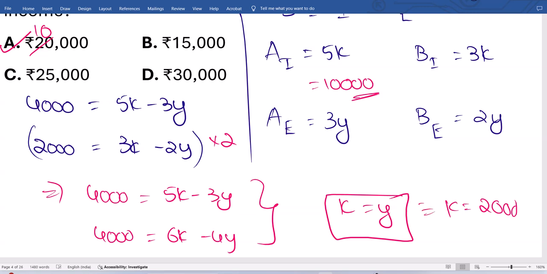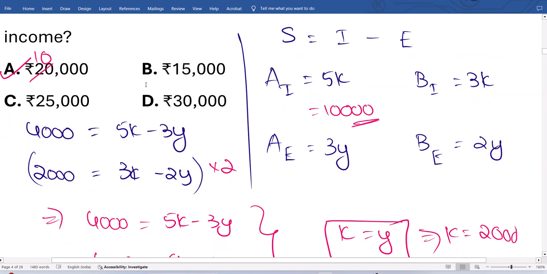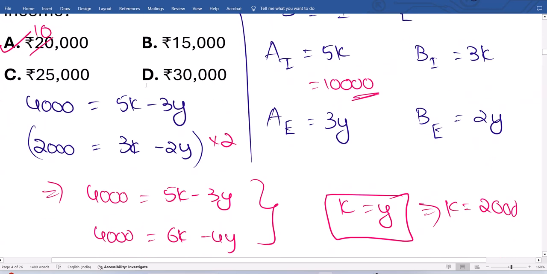So the K value you got is 2000. Savings is income minus expenses. Solve the last two equations in your own way, I'm not objecting. There are two unknowns and I need to calculate the K value. You could multiply the first equation by 2 and the second by 3, your wish.